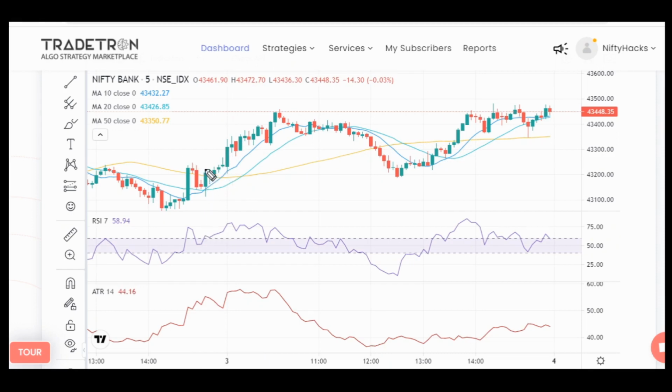Here this candle crossed above the RSI 40 level, and the 9:15 candle, today's first candle, its low was below the high of this RSI cross candle. And the 9:20 candle broke the high of our trigger candle, we can say. Due to this we took entry at 9:20.